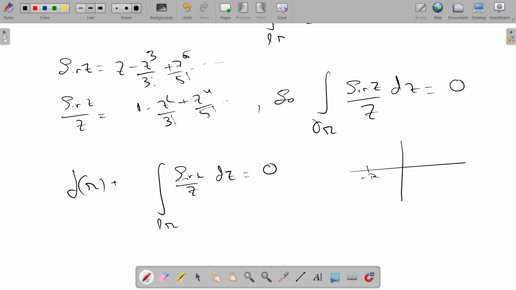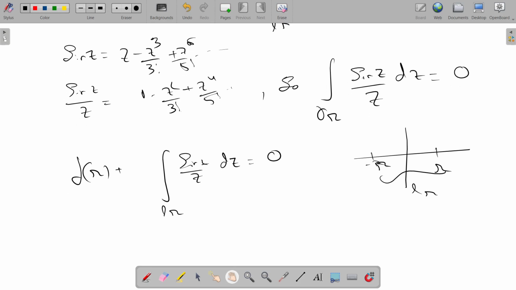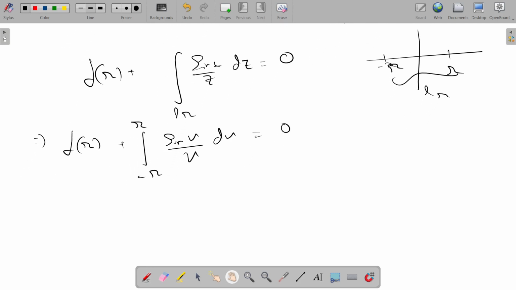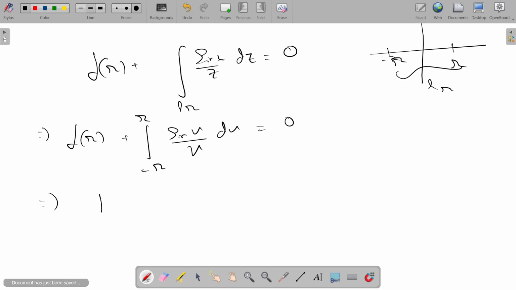This is the line L_R, on the real axis, so it reduces to the integral from minus r to r of sin x by x dx. So f of r is nothing but minus the integral from minus r to r of sin x by x dx.